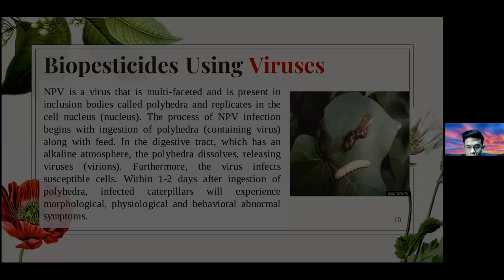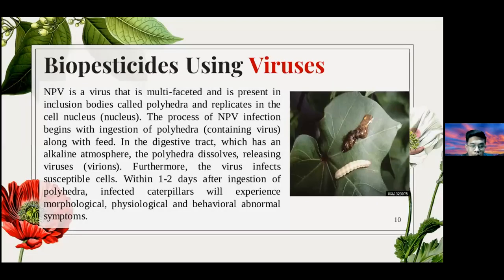Next. Okay, so for next is biopesticides using viruses. NPV is a virus that is multi-enveloped and is present in inclusion bodies called polyhedra and replicates in the cell nucleus. The process of NPV infection begins with ingestion of polyhedra containing virus along with the feed in the digestive tract, which has an alkaline atmosphere.